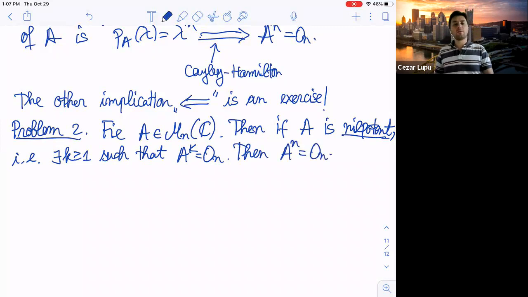So keep that in mind. We did this for order 2. We did this for order 3. Now let's see for order n. And again, the same thing will apply.